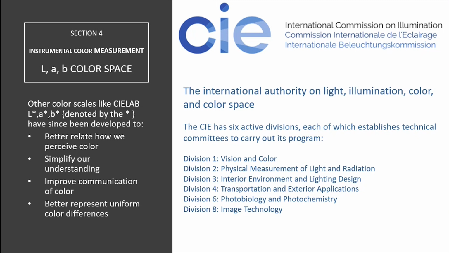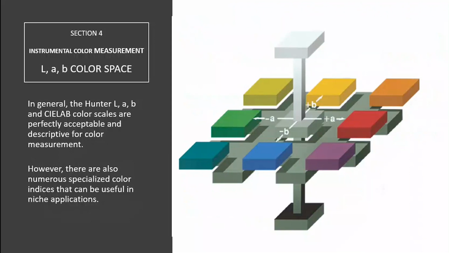They have 8 divisions that range from vision and color to physical measurements, etc. CIE helps us better relate how we perceive color, simplifies color understanding a bit more, helps us improve communication, and also better represents uniform color difference in color space. In general, LAB and CIELAB are perfectly acceptable and descriptive for color measurement.